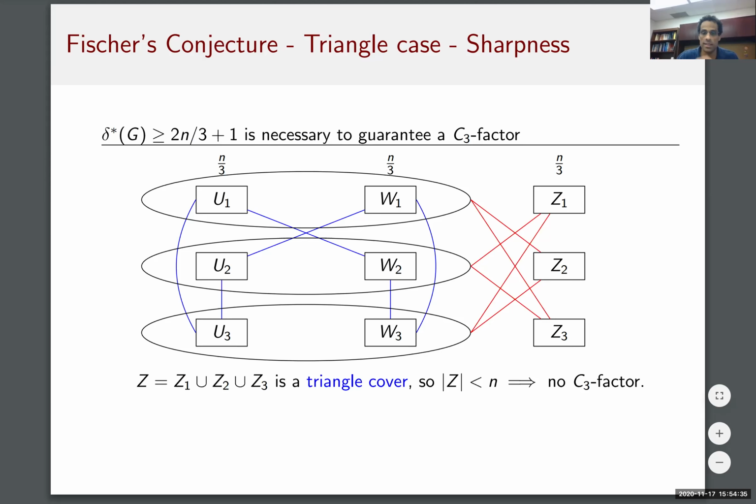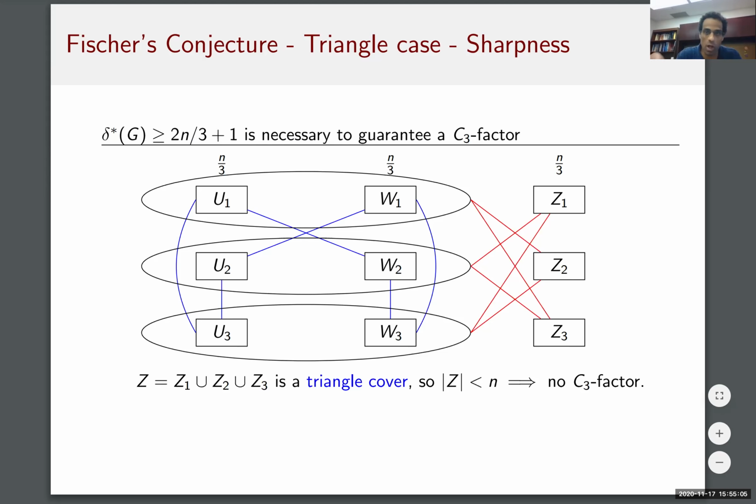What I mean by that is that every single triangle has at least one vertex in Z. So think about what would happen if Z was made smaller than n. Right now it's exactly n, but if I decrease the size of Z3 by 1, then my minimum degree might drop to 2n/3 minus 1, but I would no longer have a C3 factor.